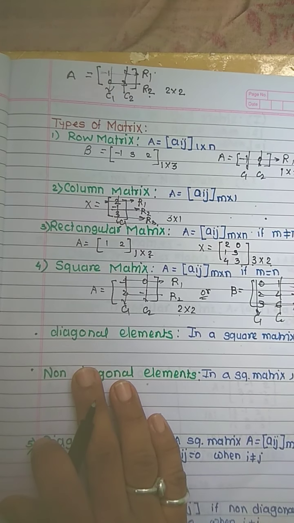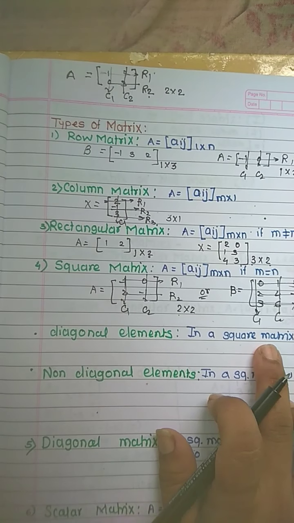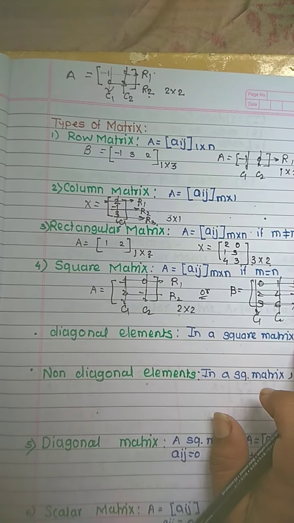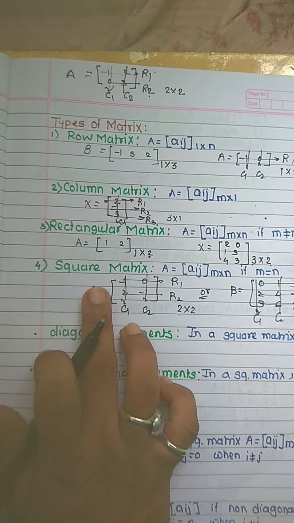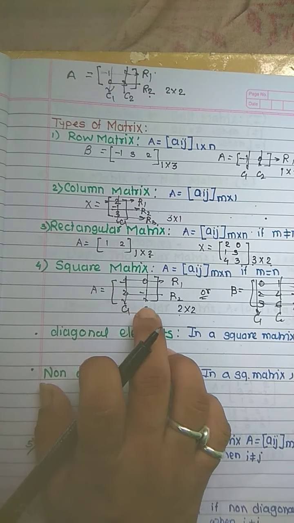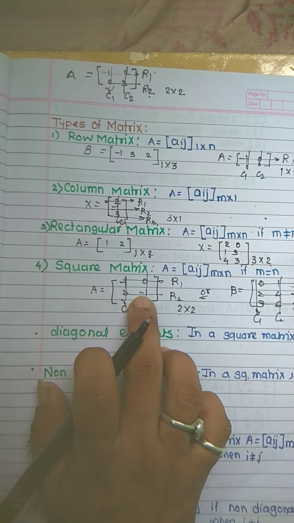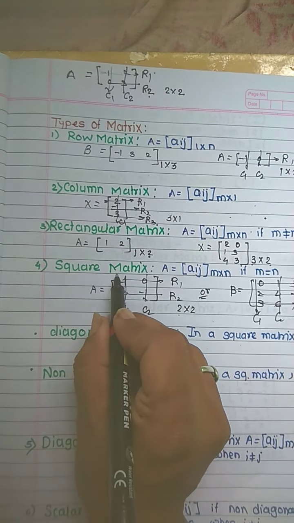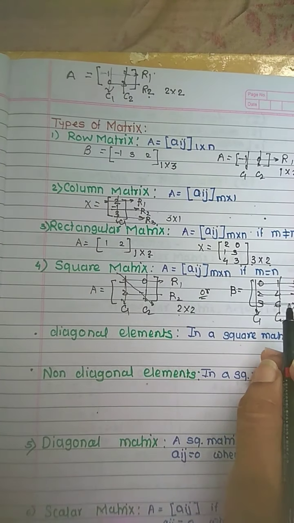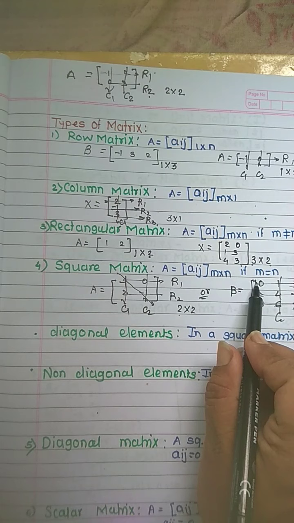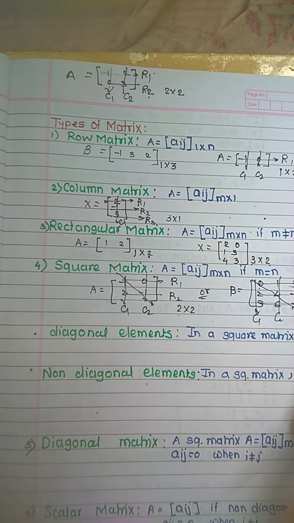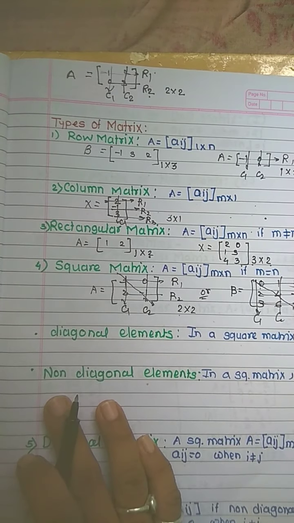Next, diagonal elements. In a square matrix, if i equals j. In this square matrix, the A11 position element is -1, and the A22 position element is also -1. Therefore, these elements are called diagonal elements. In the second matrix, the diagonal elements are 0, 4, 7 because i equals j.